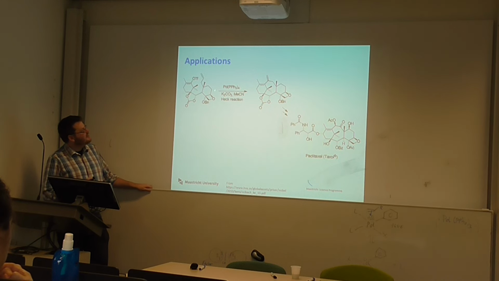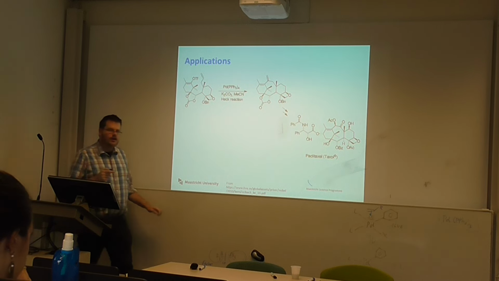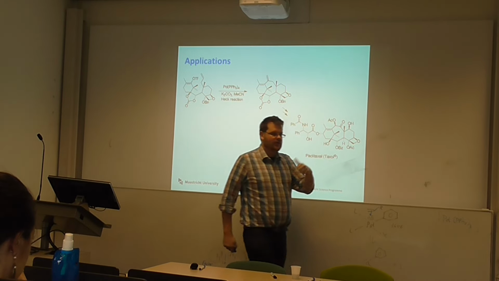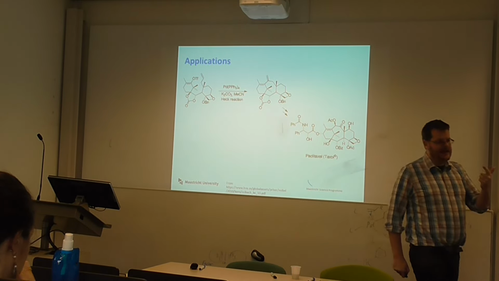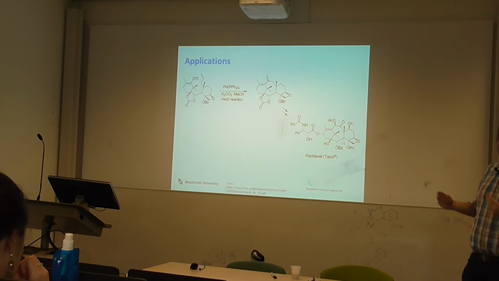What has actually happened here is we have a Heck reaction between this alkene here, and this is also an alkene with a triflate group, which is the leaving group. Remember, you can do Heck coupling between aryl halides or aryl triflates and alkene halides or alkene triflates, essentially, with alkenes.